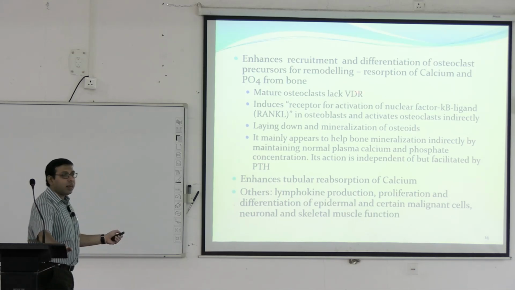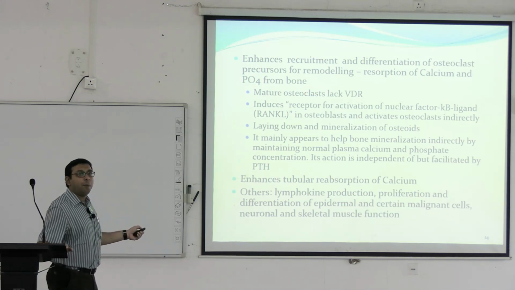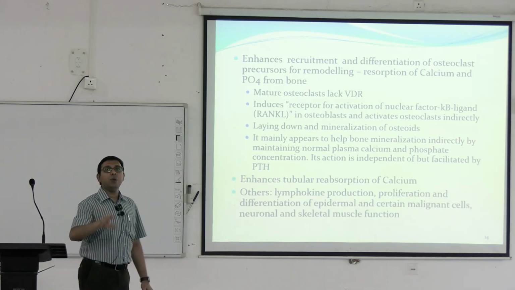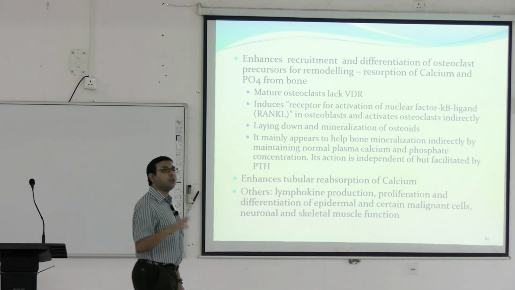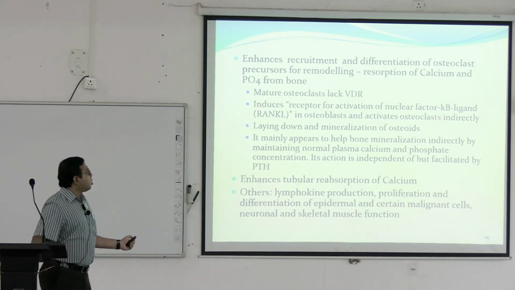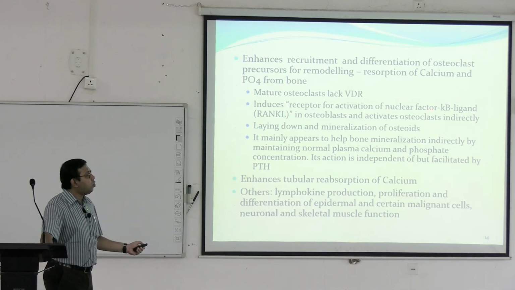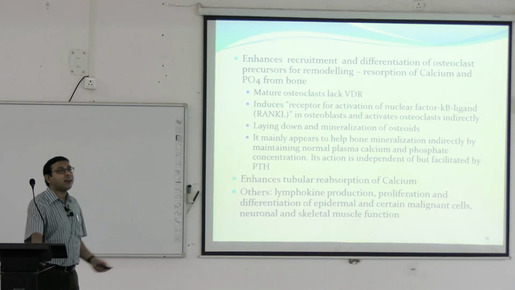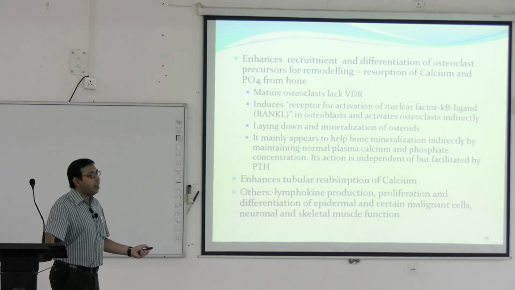So it enhances this recruitment and differentiation of osteoclast precursors for remodeling. This is known as bone remodeling. Continuously in our body, bone remodeling takes place, but if it becomes deranged, that leads to different types of disease. Mature osteoclast lacks the vitamin D receptor. It induces the receptor activator of nuclear factor kappa B ligand, known as RANK ligand in short, in osteoblast, and activates osteoclast indirectly.